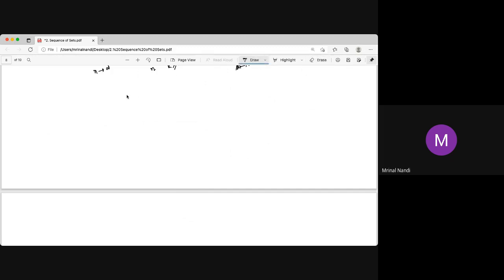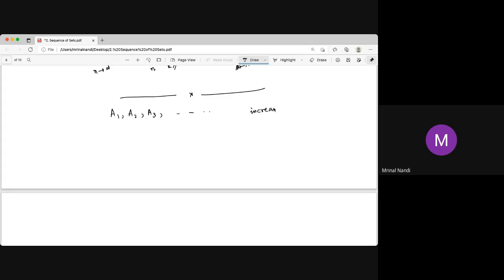One more basic technique for dealing with a sequence of sets is like this. Say we have a sequence A1, A2, A3, and so on. It may be decreasing, increasing, or anything. Just first take this as an increasing sequence.